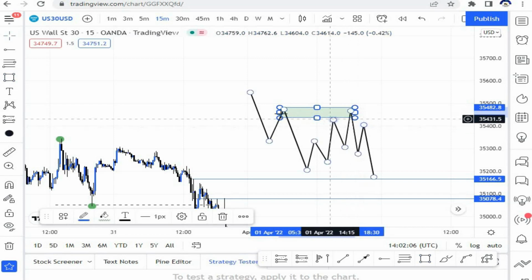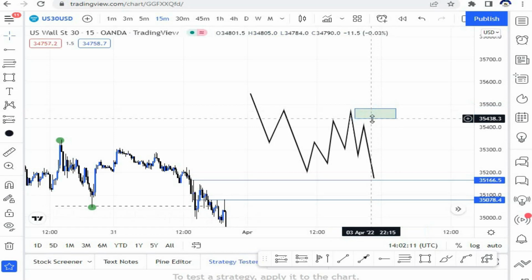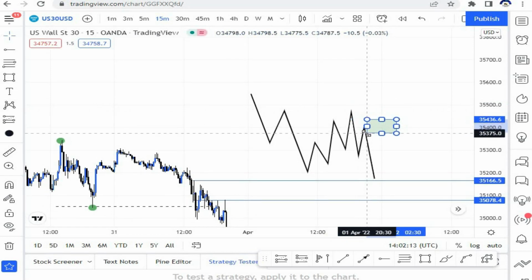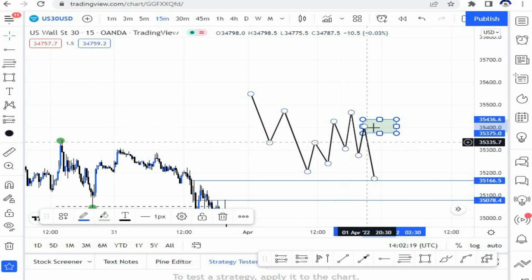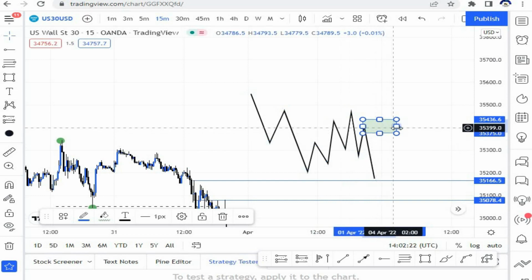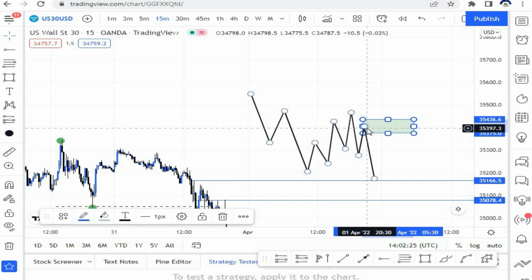And also at this right side, we only look for entries around this zone area, because the price will come and mitigate the OB, which was responsible for breaking the structure. So while the price is going down, this will now become our base area.